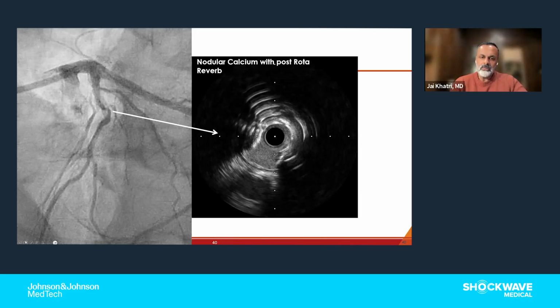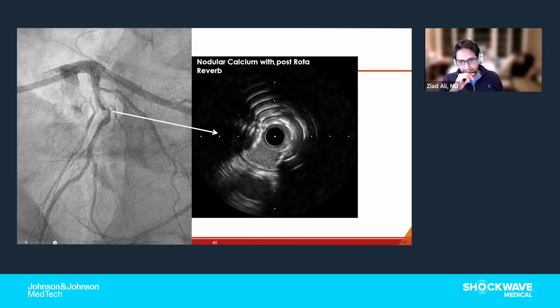What's your opinion on that reverb in the far field? What do you think about that? Does that mean anything? So it does. In short, it means you have very likely fractured the calcium. Reverberation is basically the penetration of sound into the back wall and the sound bouncing behind it. We used to think it would be related to the thinness or thickness of calcium.